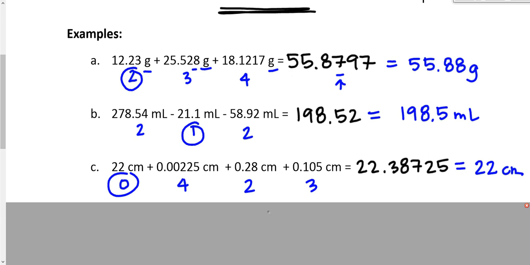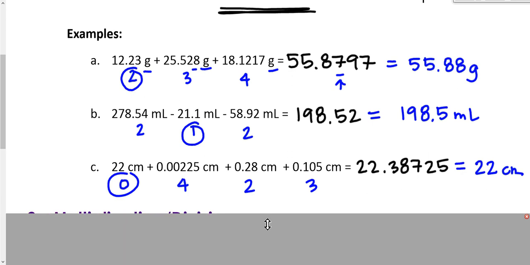Now, one last thing, it could happen where you need to add numbers after the decimal. If you had something like 2.0 plus let's say 7.00. All right, if you type this in your calculator, it's going to tell you 9, and you shouldn't need a calculator for this.